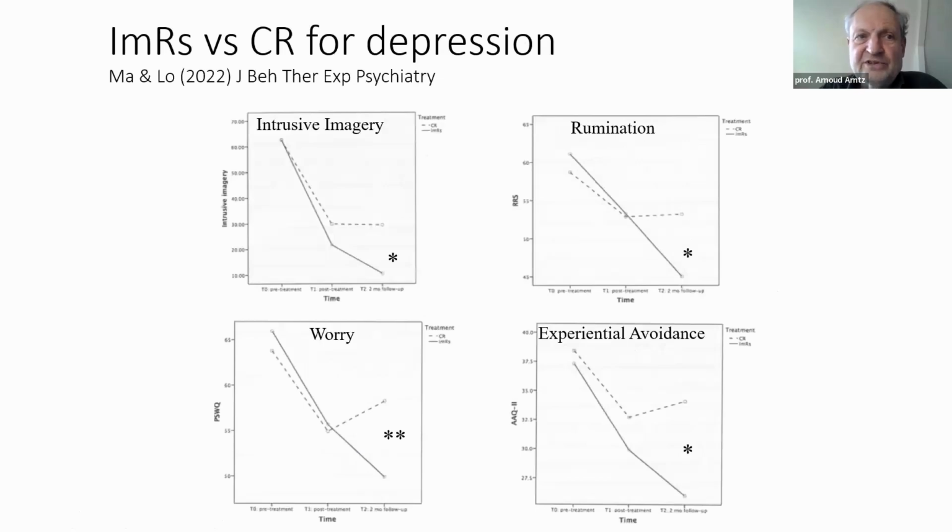And you see the same pattern in that study, this Hong Kong study, for intrusive imagery, more reduction with imagery scripting, rumination. Also, again, this further improvement without further treatment, worry, and experiential avoidance.